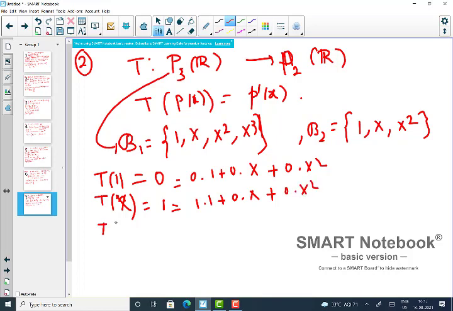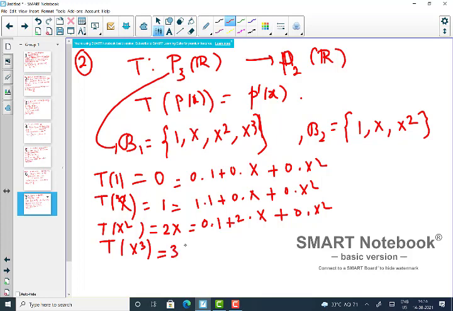Similarly, you have x squared, whose image will be 2x, that is 0 times 1 plus 2 times x plus 0 times x squared. And finally T of x cubed will be 3x squared, and this will be 0 times 1 plus 0 times x plus 3 times x squared, right?